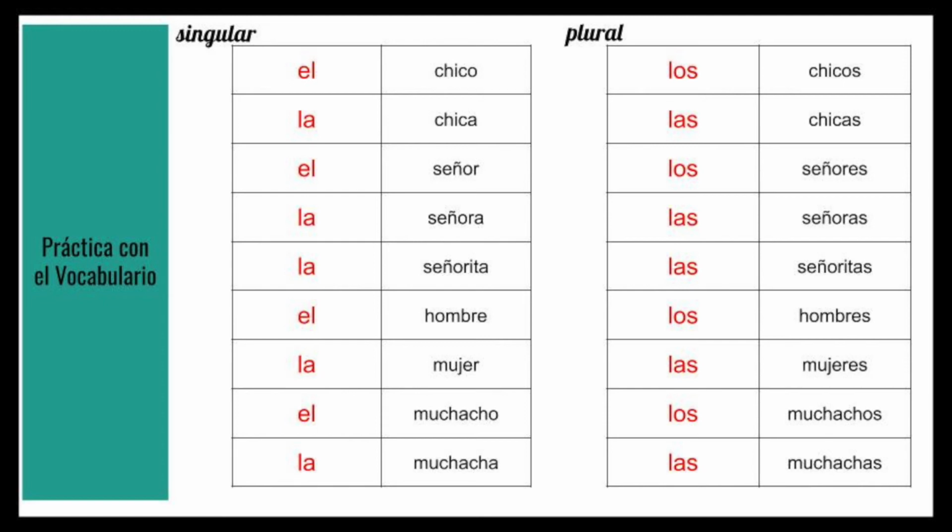Bueno, estudiantes, vamos a practicar los artículos definidos con el vocabulario que ya revisamos. Vamos a empezar con los sustantivos singulares y después los plurales. Vamos a decirlos juntos. ¿Listos? El chico, la chica, el señor, la señora, la señorita, el hombre, la mujer, el muchacho, la muchacha.